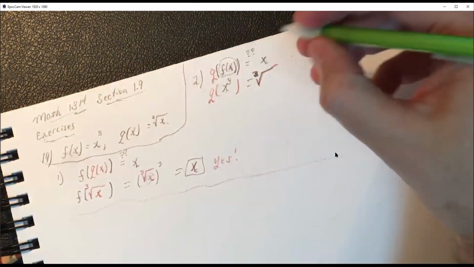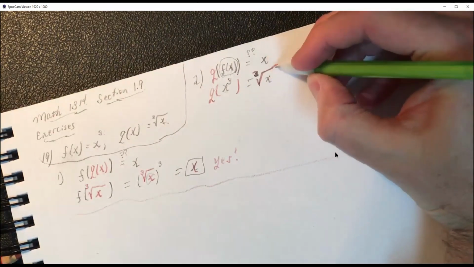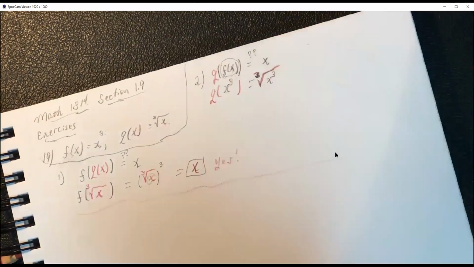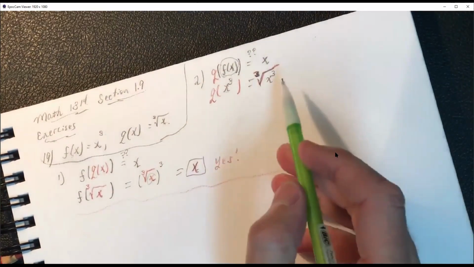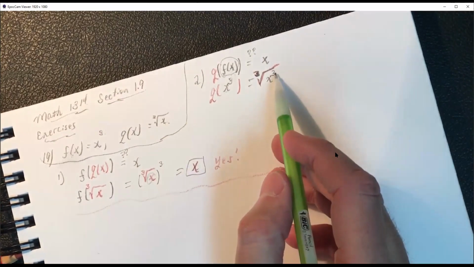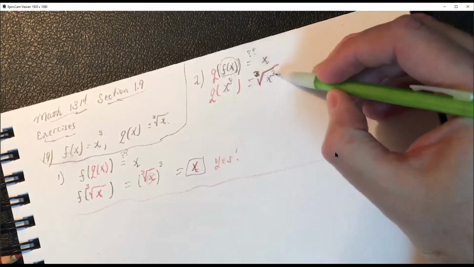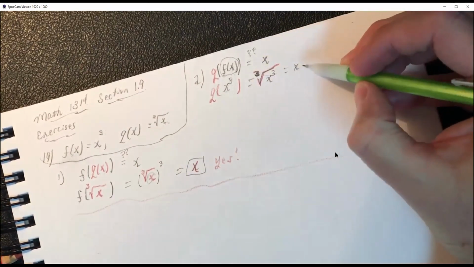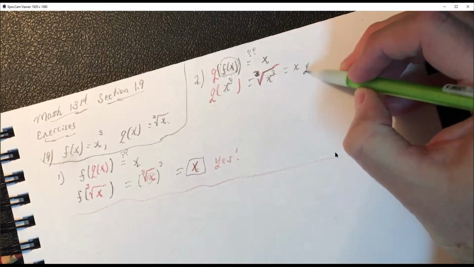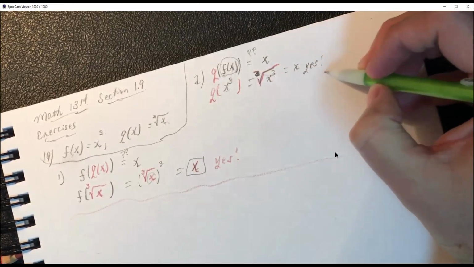And when you put x cubed in, when you put the powering function of power 3 into the root function, root 3, because they're inverses, they compose out, and we get this x again. So it works out.